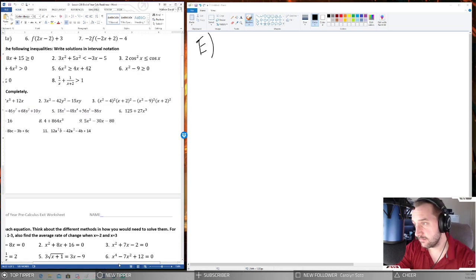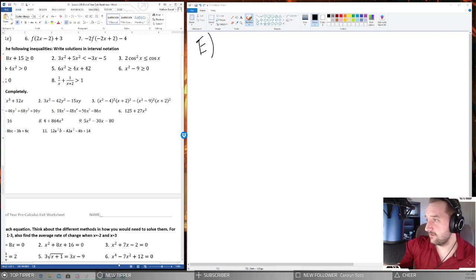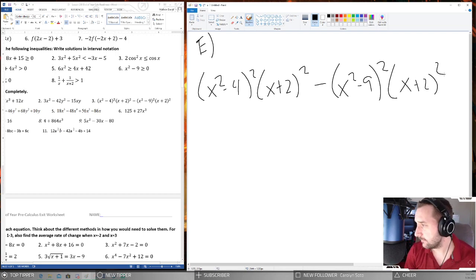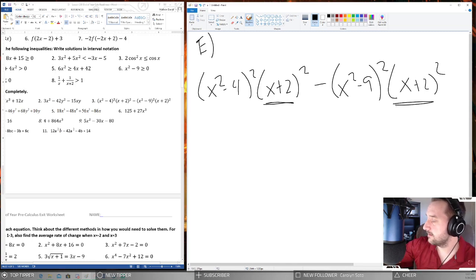On number 3, it seems like the only thing that's in common is an x squared. So this is kind of weird. But I have x squared minus 4 squared, and then I have x plus 2 squared minus, and then I have x squared minus 9 squared, and then x plus 2 squared. So it looks like I have an x squared in common.